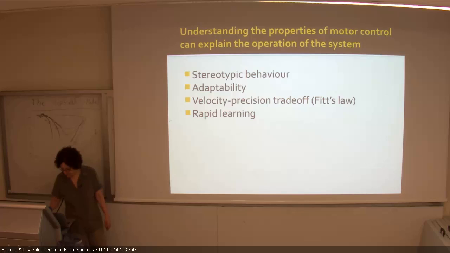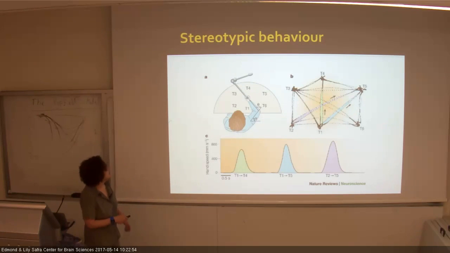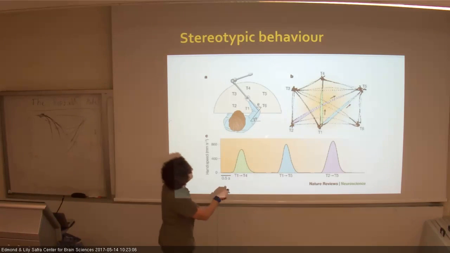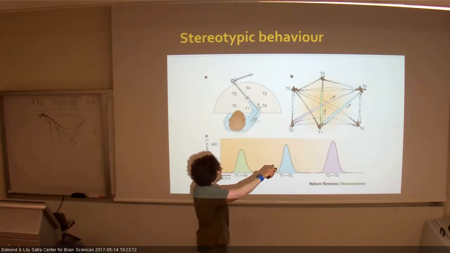Now, what do I mean by this? What is the stereotypic behavior? If we take a person and ask him to make movements from a center target, or from each of these targets to any other target, and we plot these, we can see that we can make rapid movements that can have either long amplitude or short amplitude.